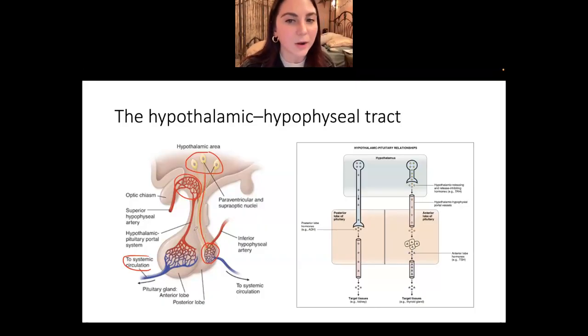I don't believe there's an area in the posterior pituitary that stores them. I think the posterior pituitary just basically receives them and then secretes them. I really don't know the answer to that. But thinking about it, I think of the posterior pituitary gland as a very neural structure, so I think it gets the axons and secretes them.